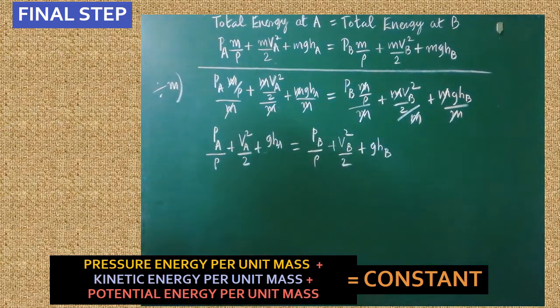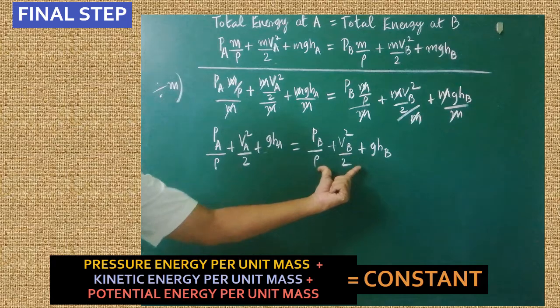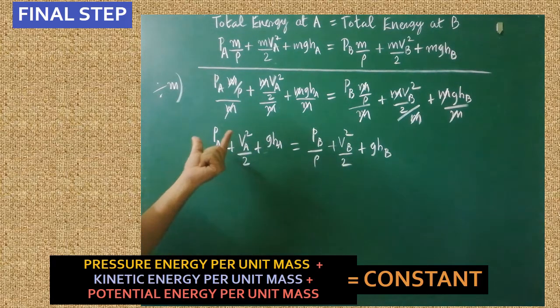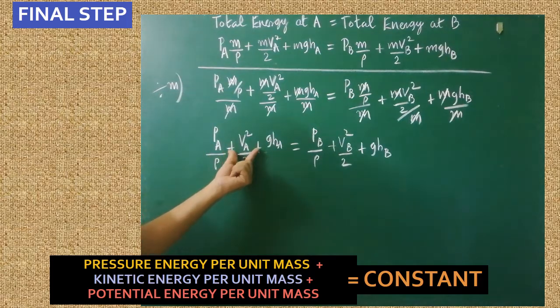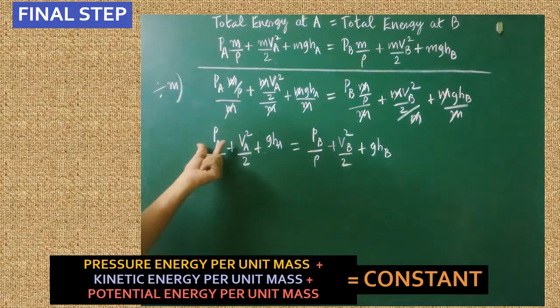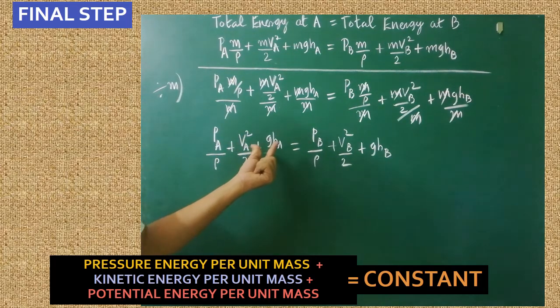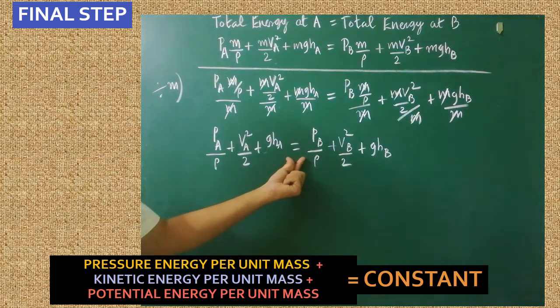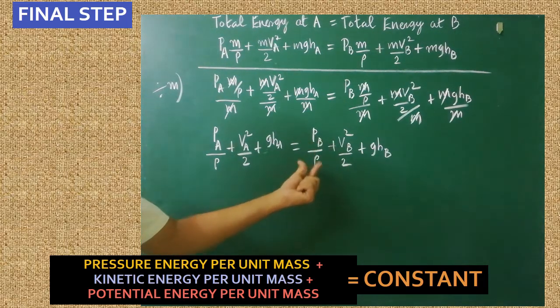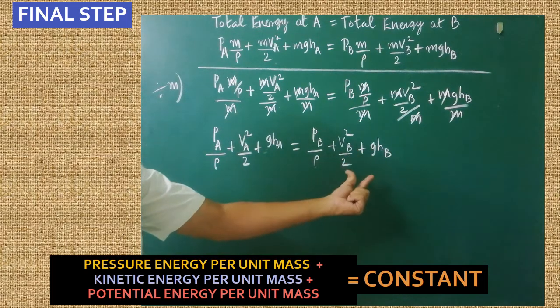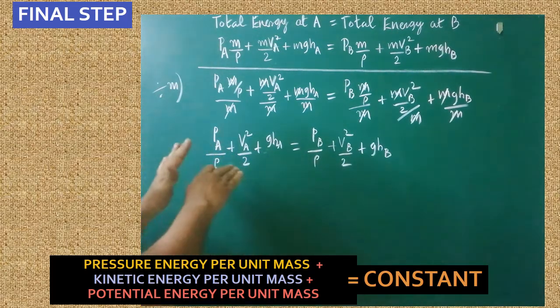Are you clear? This equation is equal to this equation. What does it show? It shows that the sum of the pressure energy per unit mass, kinetic energy per unit mass, potential energy per unit mass in the end A is numerically equal to that in the end B. Both are numerically equal.